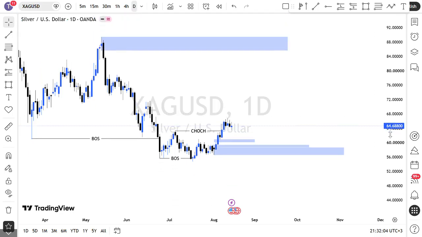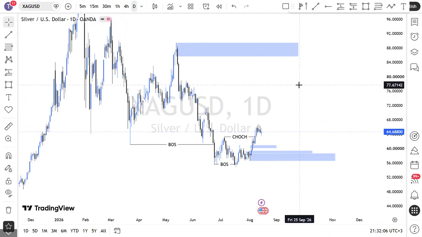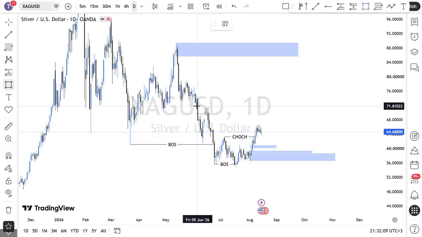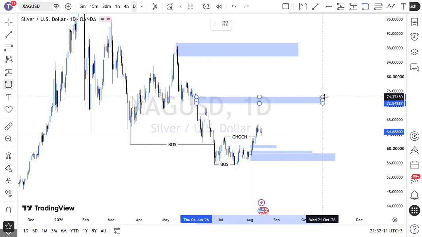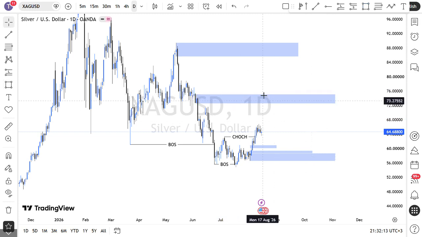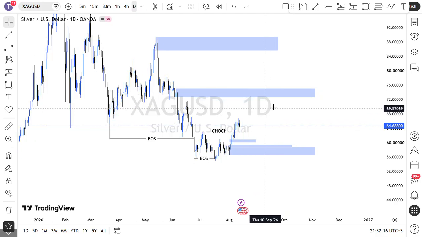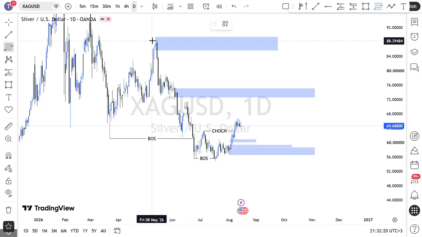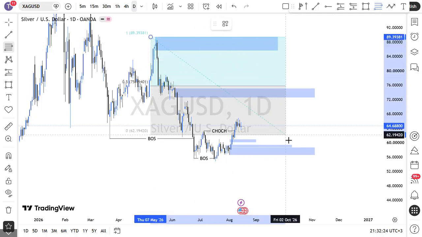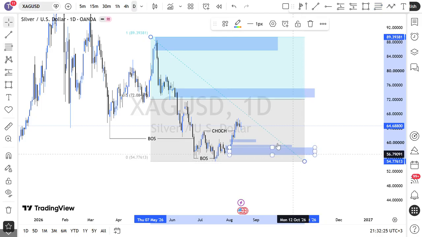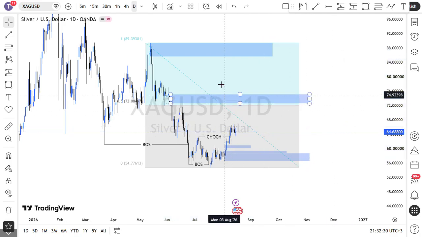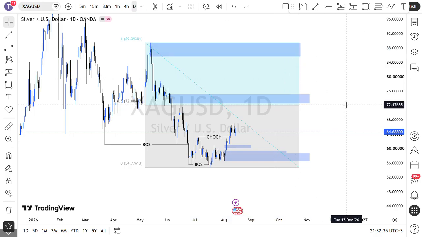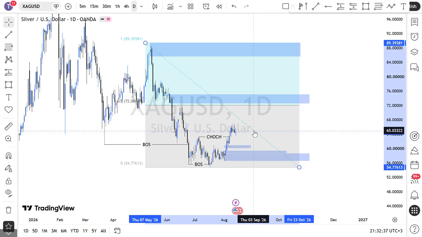Let's say maybe we have this extreme point of interest inside the daily time frame, and also we have this order block, the daily order block that has not been mitigated at that point. So all these points of interest in the daily time frame are coming inside the 50% level. As you can see clearly, this is the first point of interest inside the 50% level, and then we have this extreme point of interest inside the 50% level.